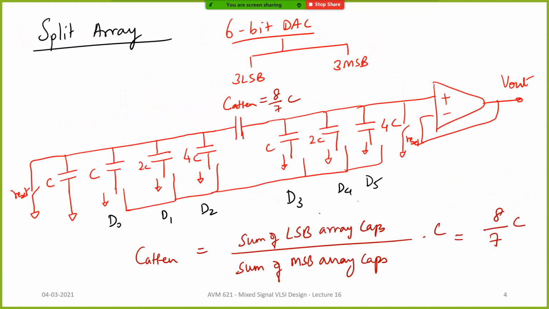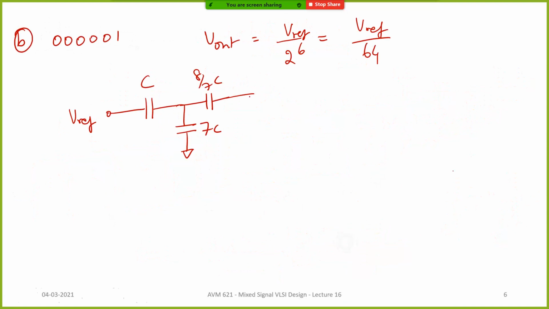And what is this thing? This will be 7C again. Okay, 7C again connected to ground. Okay, this is your Vout. Now this is a little more messy network to solve, but let's try to solve this, right?